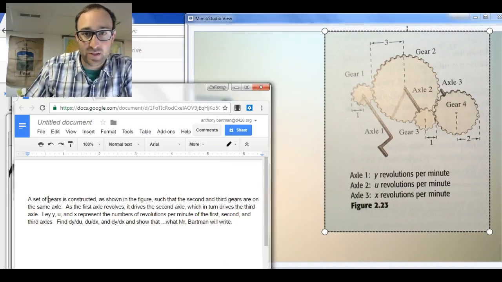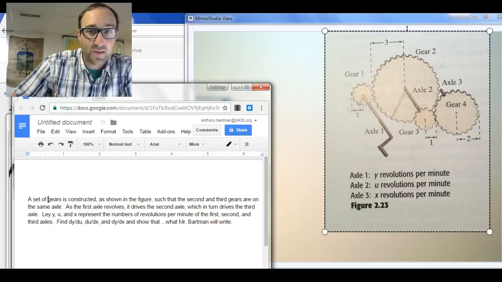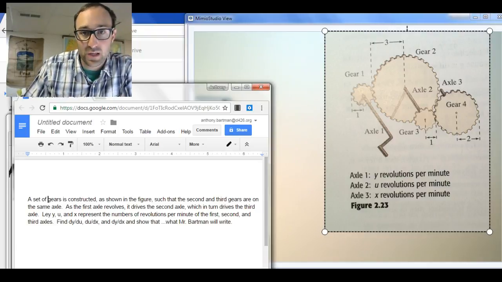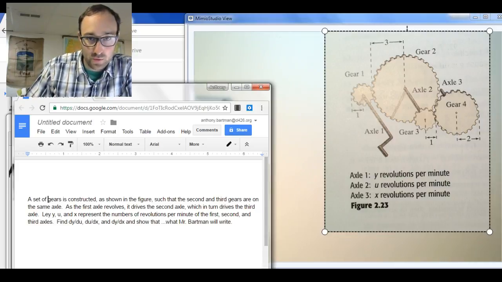So, a set of gears is constructed. As you can see, it's kind of a three-dimensional picture. As shown in the figure, such that the second and third gears are on the same axle. So you see that gear 3 and gear 2 are on the same axle. Everyone got that? Good. As the first axle revolves, it turns gear 1.